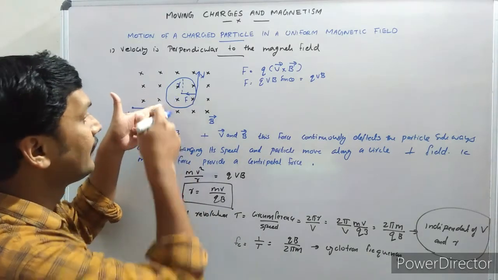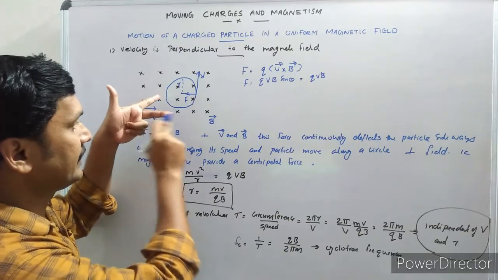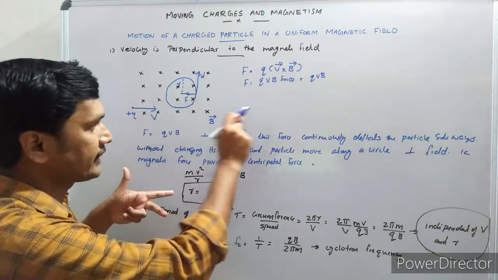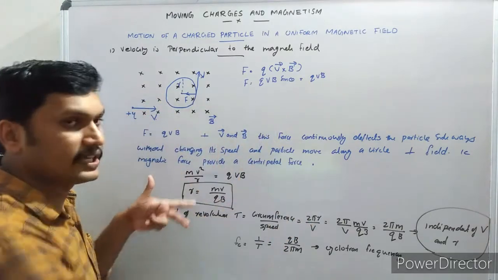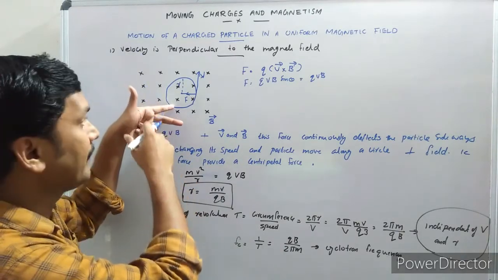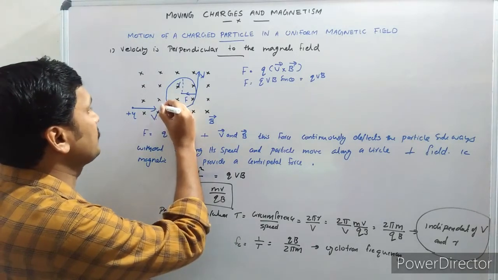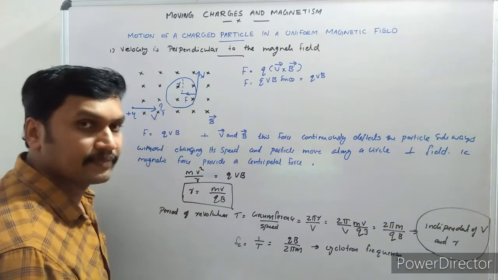Here the magnetic field is perpendicular to the plane of this board. The middle finger points in the direction of current, the direction of positive charge, and the thumb gives the direction of magnetic force. So the magnetic force is acting in the upward direction. This charge experiences a force in the upward direction.